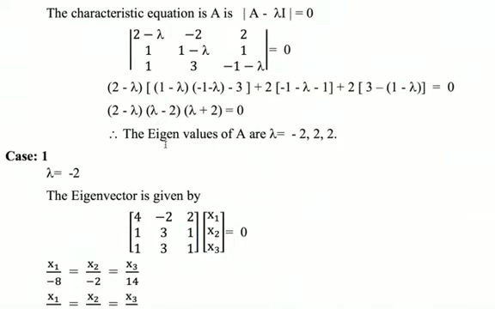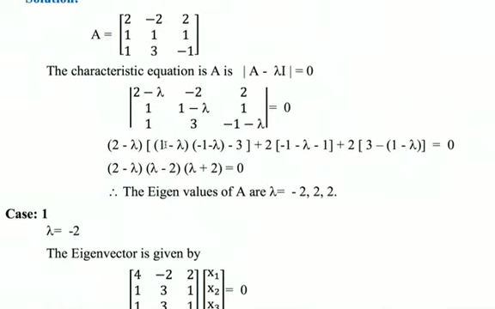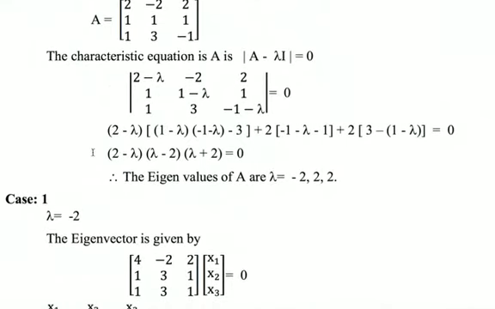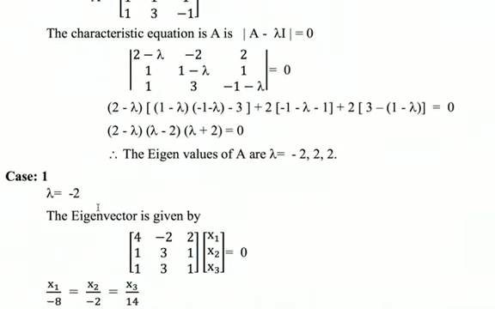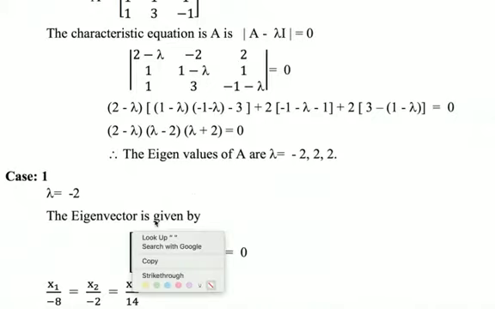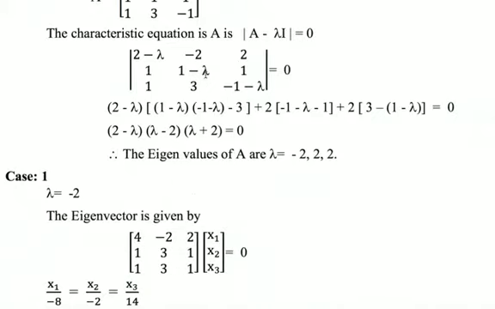You just substitute in A minus lambda I, replacing lambda with minus 2, since we are finding eigenvectors for the eigenvalue minus 2. So this becomes 4 minus 2, minus 2, 1, 3, 1, 1, 3 plus 2, 1.